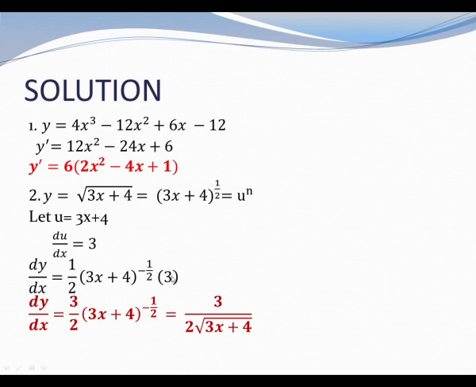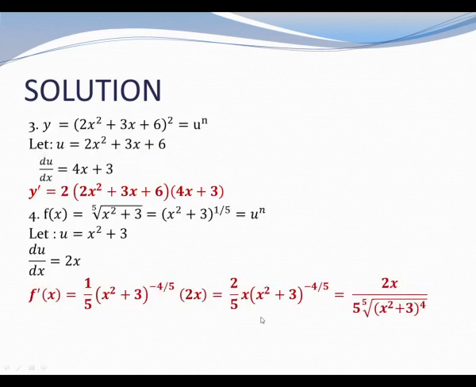Simplifying, we multiply the 3 by 1/2, so this is now 3/2, and then the quantity 3x plus 4 raised to negative 1/2. Or you can also express it as 3 over 2, and since this is raised to a negative exponent, we bring it down to the denominator so that it becomes positive. The derivative of y with respect to x is equal to 3 over 2 square root of 3x plus 4.